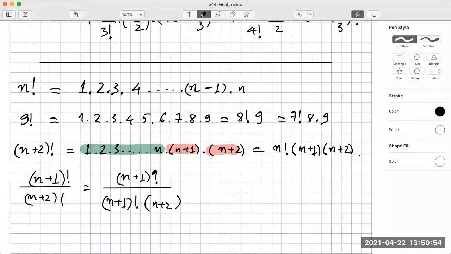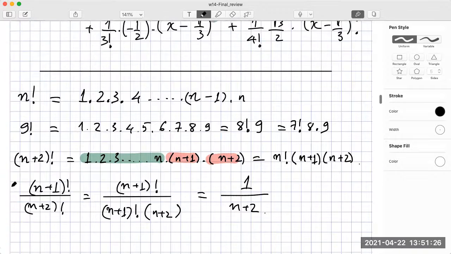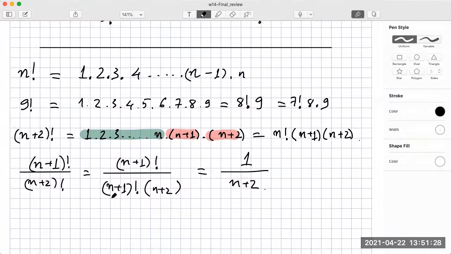Then having this, both numerator and denominator have n plus 1 factorial. Therefore, we can cancel out, which gives us 1 over n plus 2. For these general forms, if you don't remember, you can do similar things as I was doing right here. Write some specific example, play with that. You understand it better. For anything in math, memorize a simple case and play with that. Make fun with that. Okay.